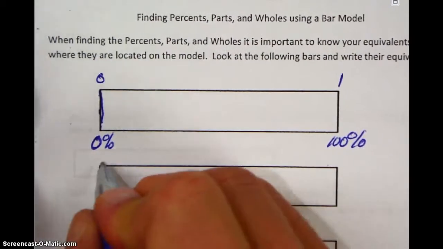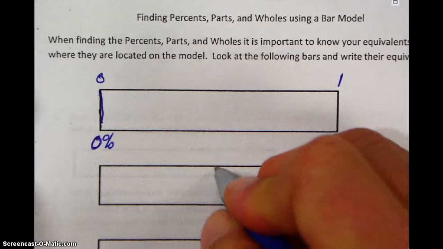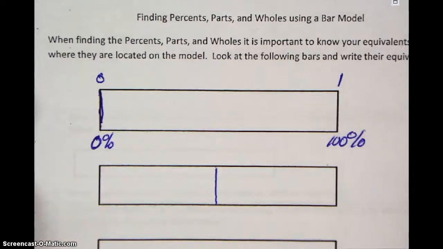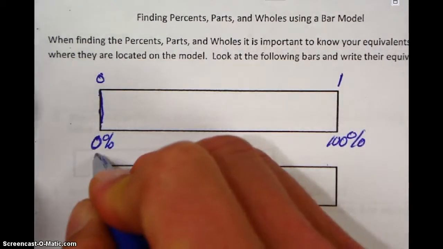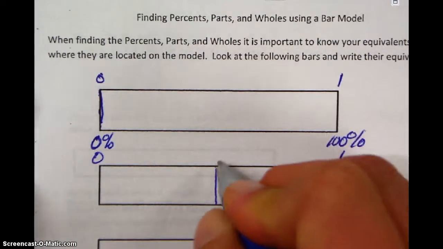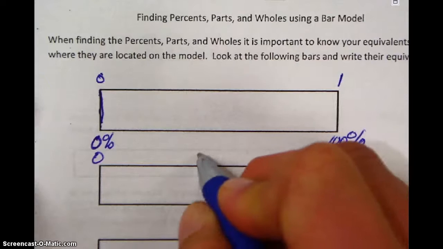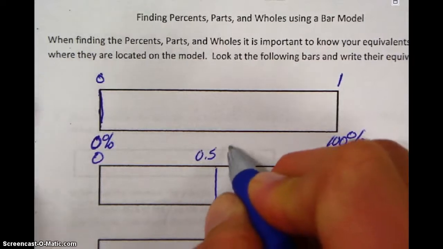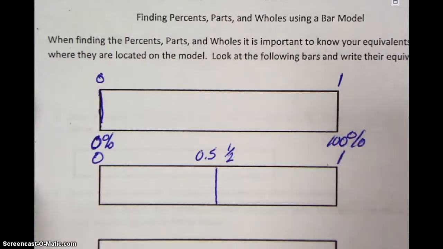So in the next one, we're going to break this bar model into two. If we have 0 here, 1 whole here, as a fraction or decimal, what do we have here in the middle? 0.5 or 1 half, and all the other equivalent fractions of 1 half.